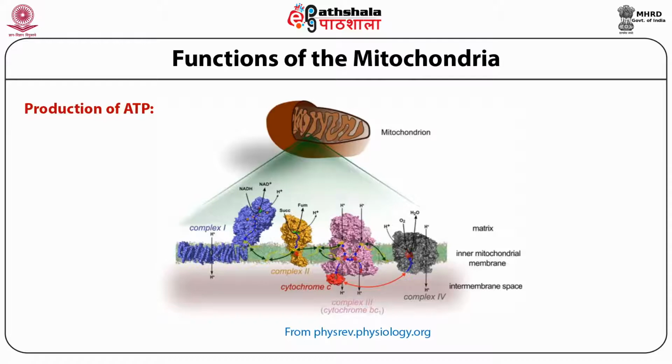Third, specific protein channels allow the transmembrane flow of protons back down their concentration gradient. This provides the free energy for the synthesis of ATP, which is catalyzed by a membrane protein complex called the ATP synthase. This complex couples proton flow to phosphorylation of ADP.